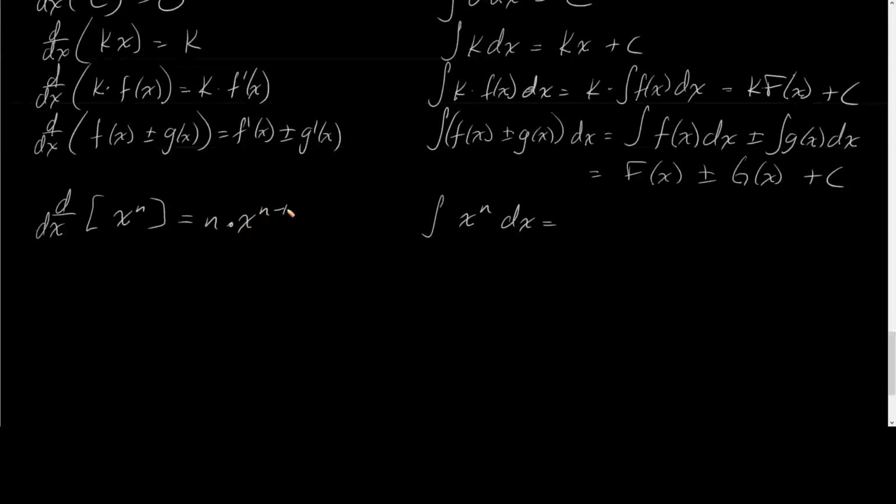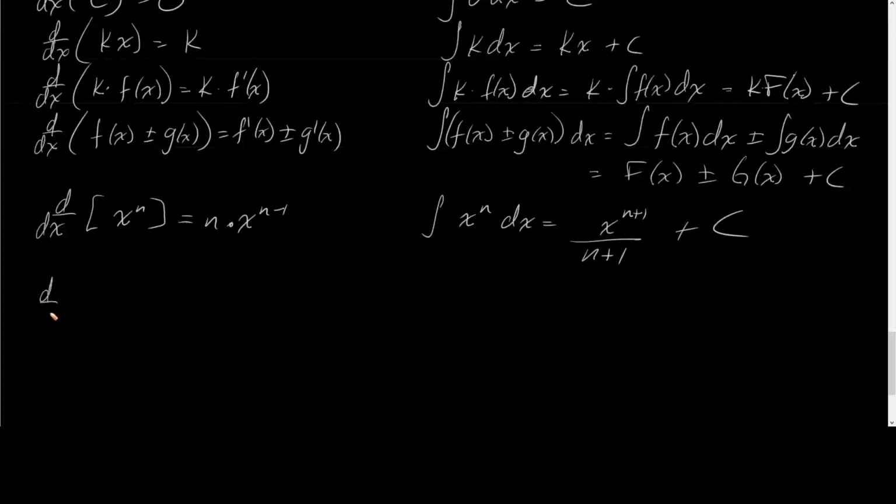Instead of subtracting 1, we're going to add 1 to the exponent. And instead of multiplying by that exponent, we're going to divide by the new exponent. So essentially here, we need to do everything in reverse. Add 1 to the exponent, opposite of multiplication, divide by the new exponent. All right, and then plus c.